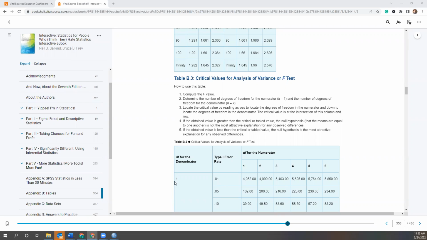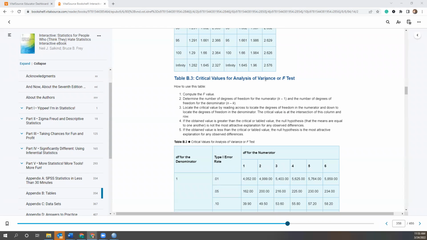But because I am doing this by hand, I'm guessing, right? So I'm going to try to use 0.05 as my alpha level. And I'm going to use that to determine my critical value or my cutoff for my fail to reject zone.